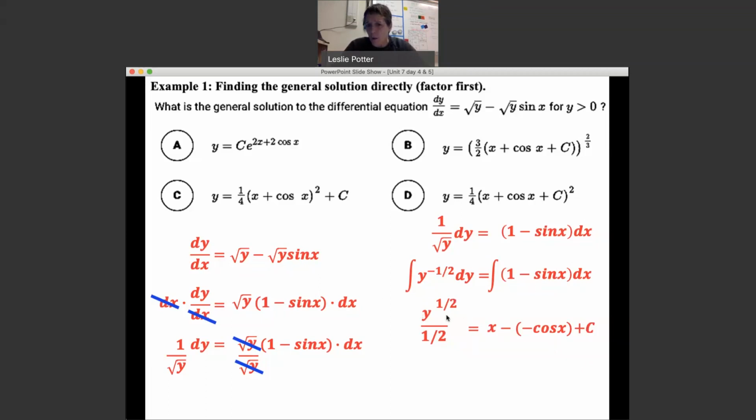If I have to solve for y, that means I have to square something. So at this point, since I'm dividing by a half, I'm going to multiply each side by a half, just so you can see this better. If I have to square this, then I've got to end up with either c or d.